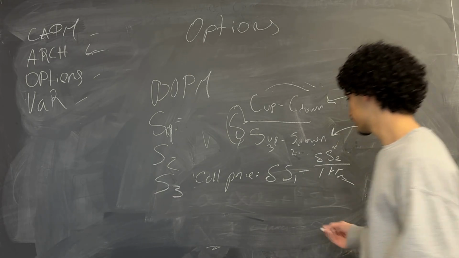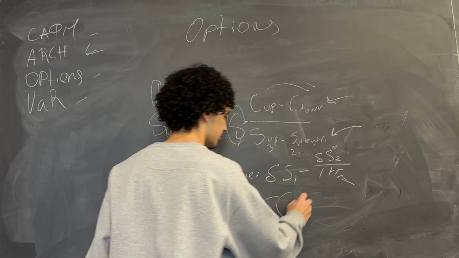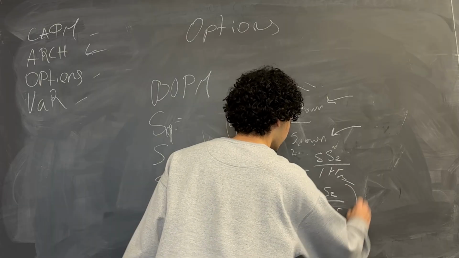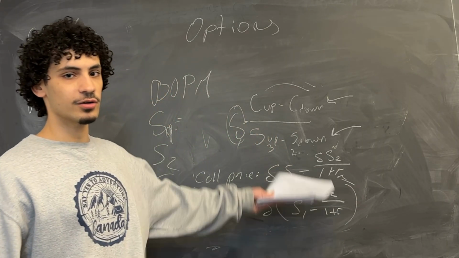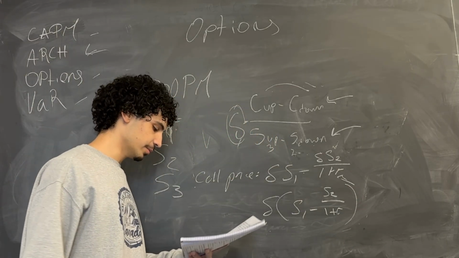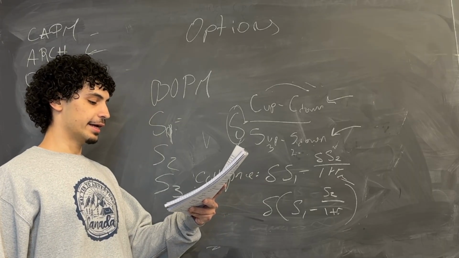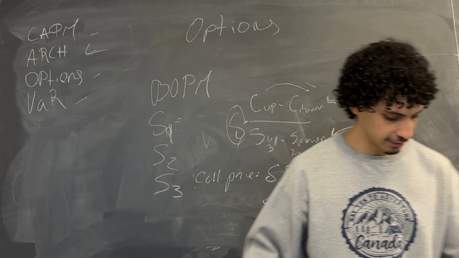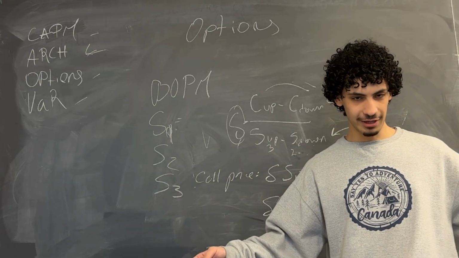This also simplifies to delta times S1 minus S2 over 1 plus R, with the delta outside the bracket. It's the same thing. And that's the way that we calculate the option price.